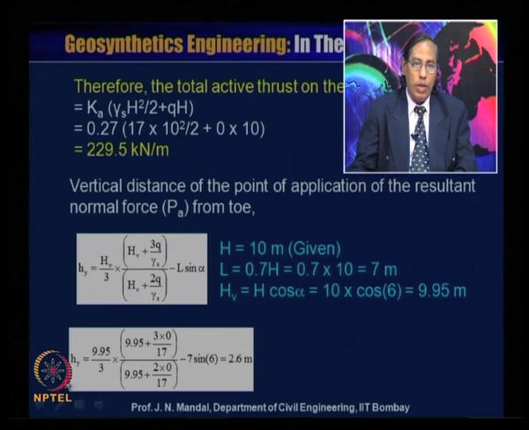If you substitute this value, HY is equal to HV, 9.95, divided by 3, into H, 9.95, plus 3 into Q, surcharge is 0, divided by gamma S, 17, that divided by HV, 9.95, into 2 into Q, 0, gamma S 17, minus L, you know 7 meter, into sine of alpha, 6. If you calculate, you can obtain the HY value, that is 2.6 meter. So HY is known to you.